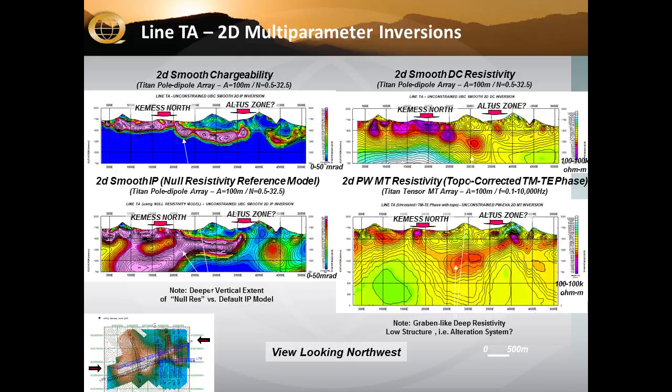So again, just confirming the validity of the model response based on a varying starting model. And you can see that the responses of interest are consistently there. The information to depth does vary.